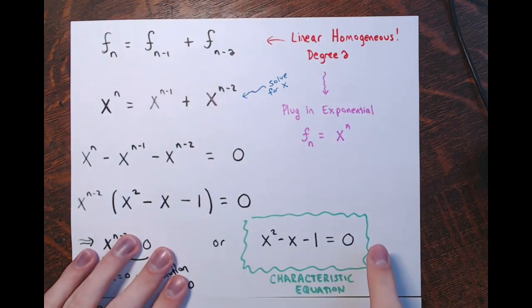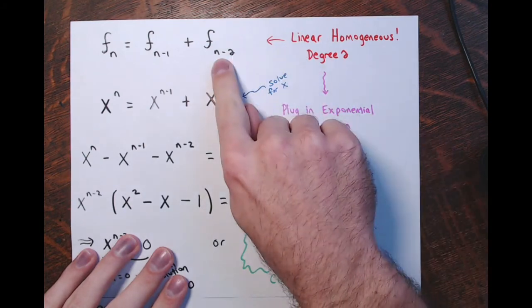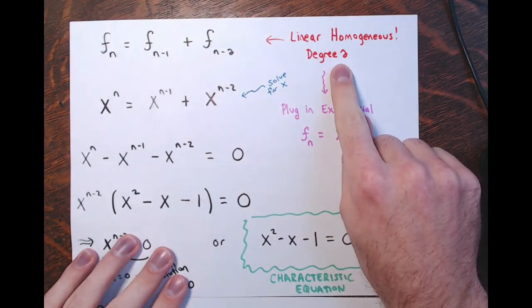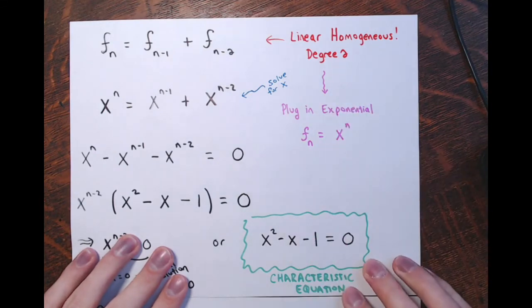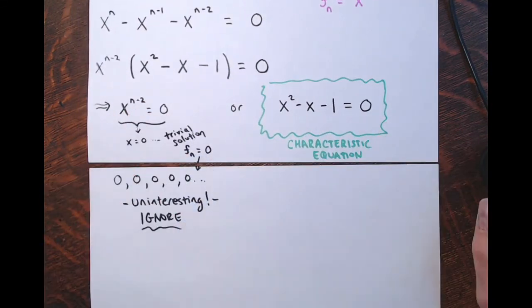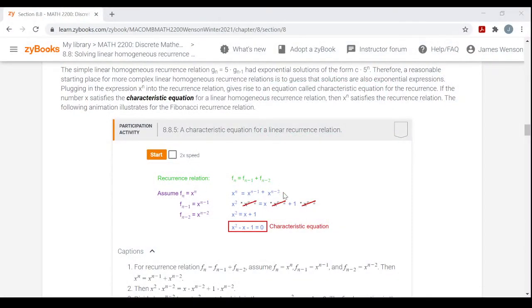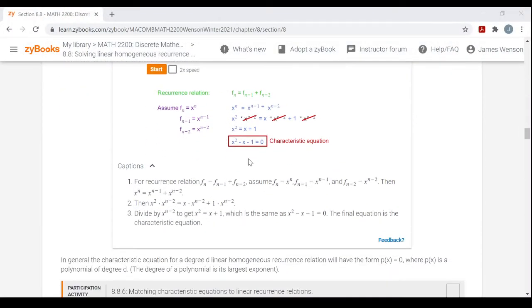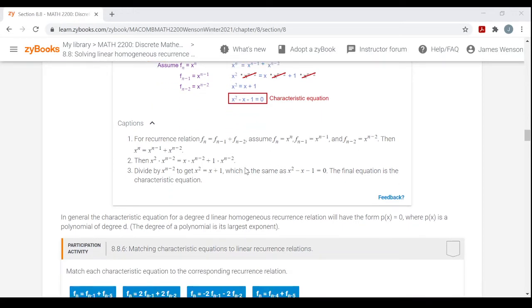This is a degree 2 polynomial equation, a quadratic, and the homogeneous relation was a degree 2 relation. So that should happen if you're doing this properly. And they go through the animation here and show you basically the same thing I did, though in slightly different steps.